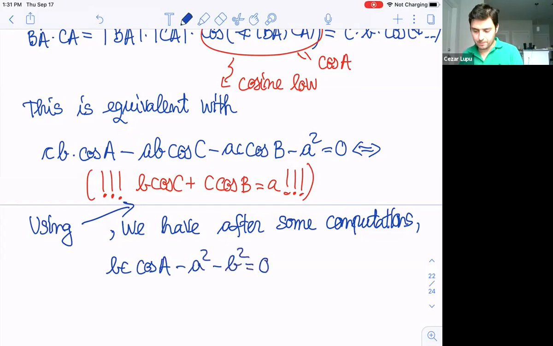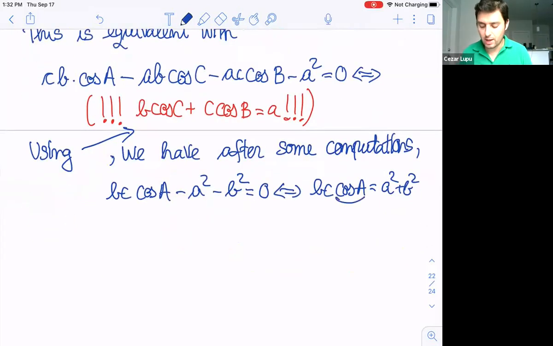All right, yeah. So this would be equivalent with BC cosine of A, which is A squared plus B squared. But now you can apply the cosine law. So this guy, you can express it, but cosine of A is just computations now.